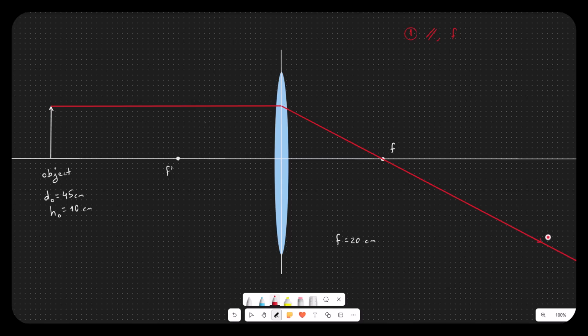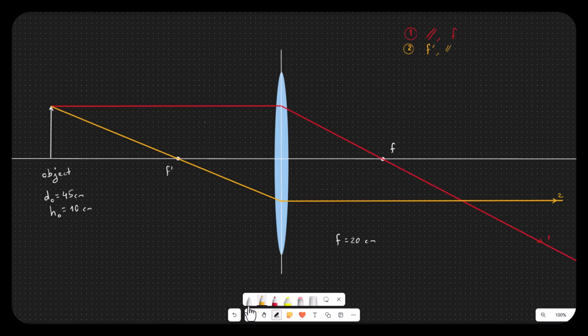There is ray 1. Ray 2 is going to go through F prime and then parallel. So I'm going to start here. I'm going to go through F prime just until I hit my lens, and then I'm going to exit parallel. There's my ray 2.